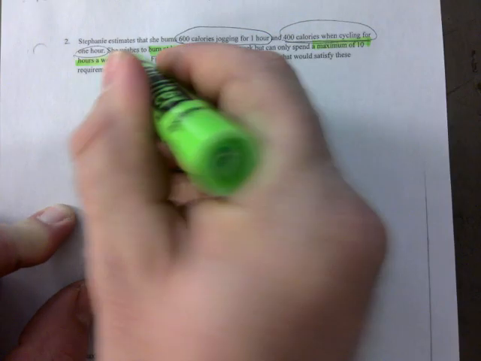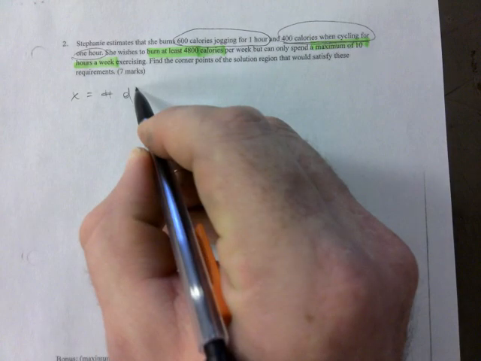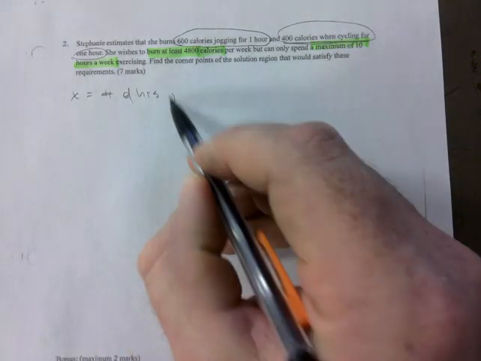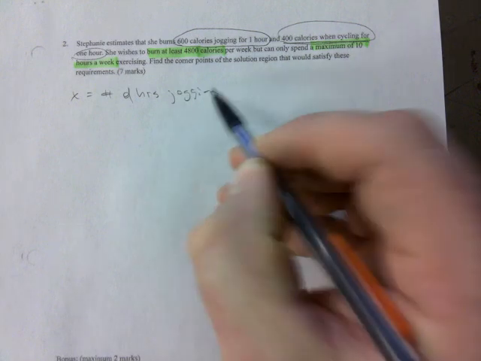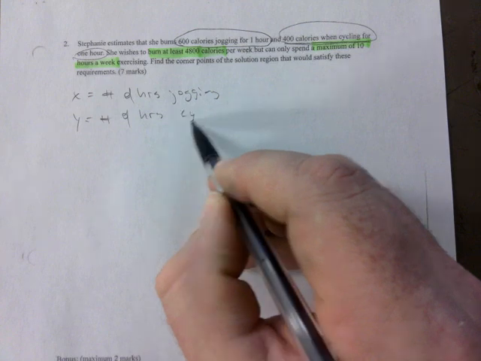There's inequality right there. Find the corner points of the solution region, blah, blah, blah. We're not going to do that. X would be number of hours jogging. Y would be number of hours cycling.